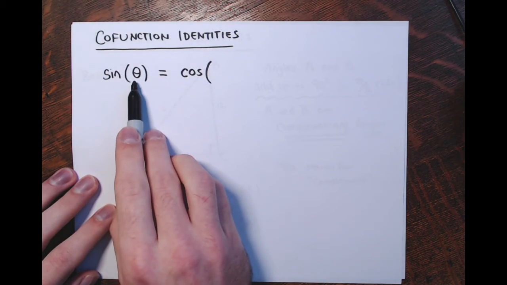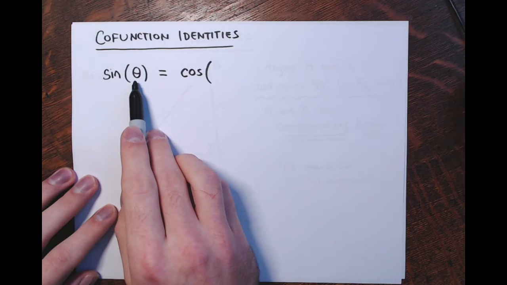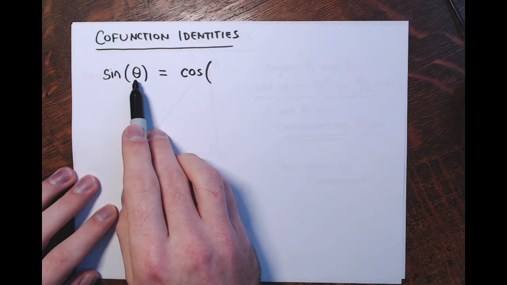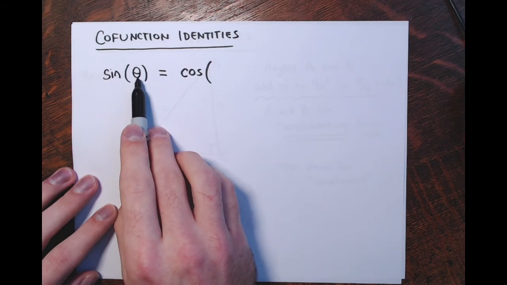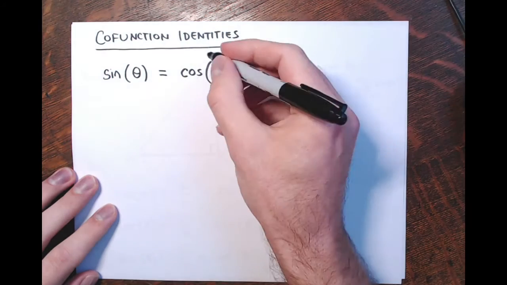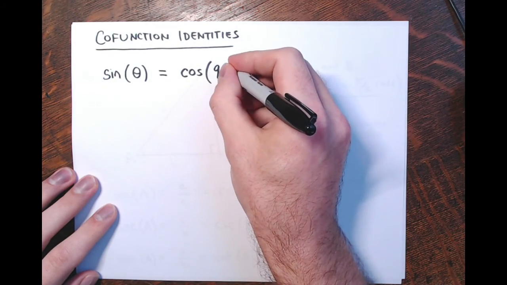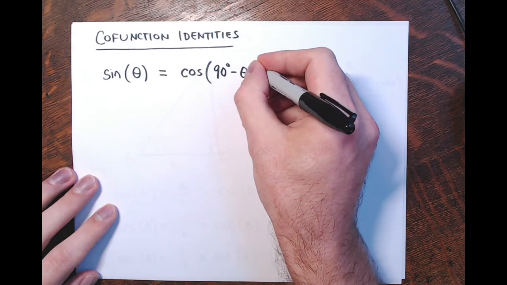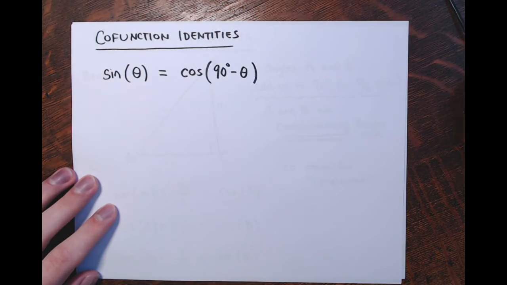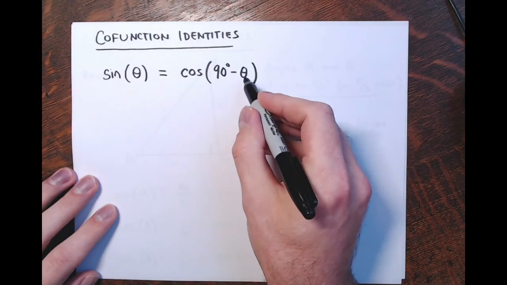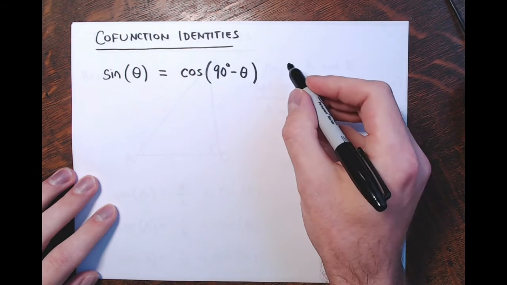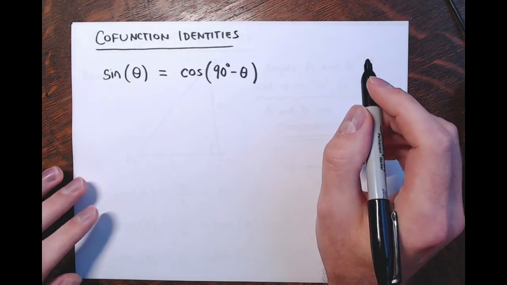So remember how you find complements. If I said, what's the complement of 30 degrees? You go, what adds up with 30 to be 90? That'd be 60. You just do 90 minus that. So the sine of one angle is the cosine of its complement, 90 degrees minus that angle, or pi over 2 minus the angle if you're in radians.